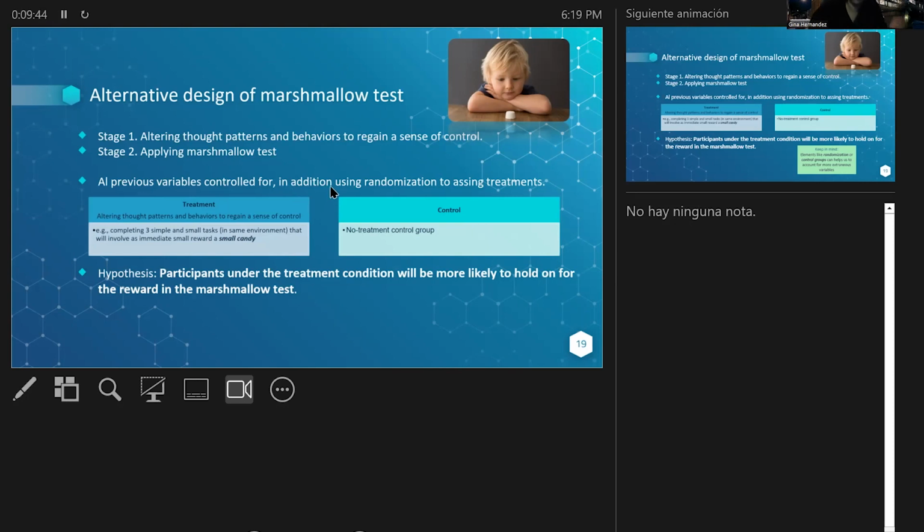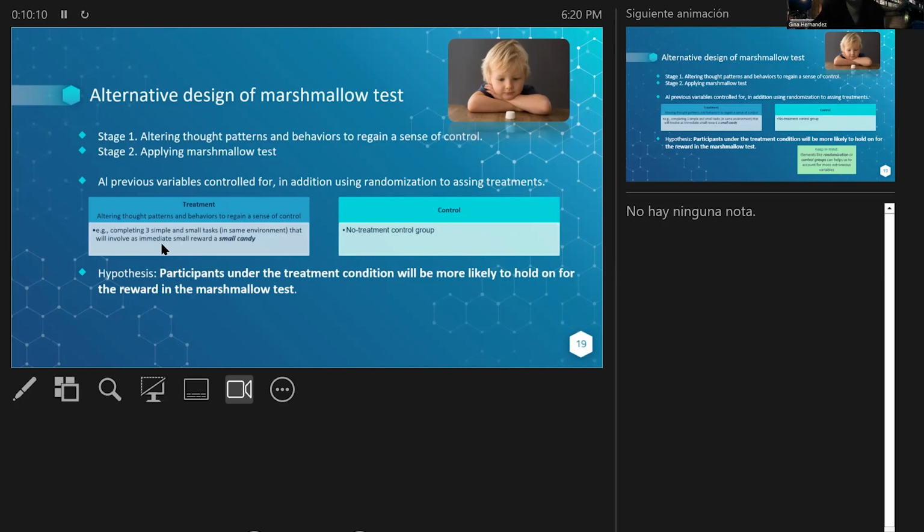So taking all that we learned from the first study and then from the replication study, controlling for socioeconomic status, controlling for everything. But then I will have a special treatment in stage 1, because I want to alter these thought patterns these children have in order for them to regain control.